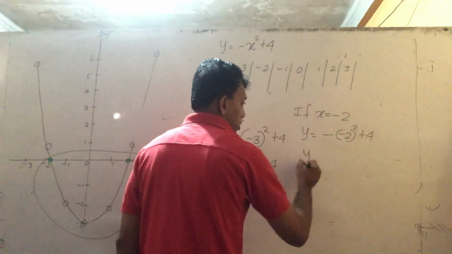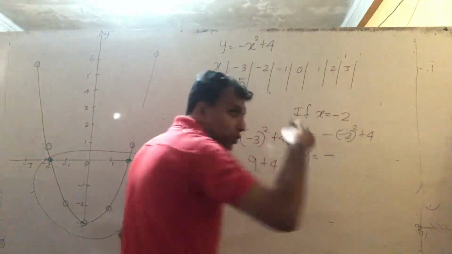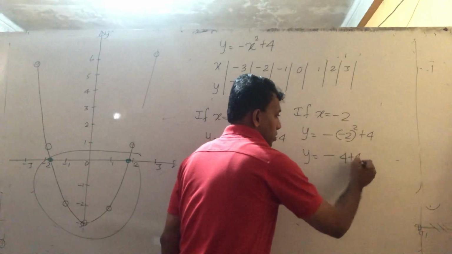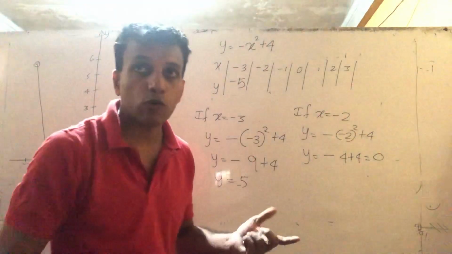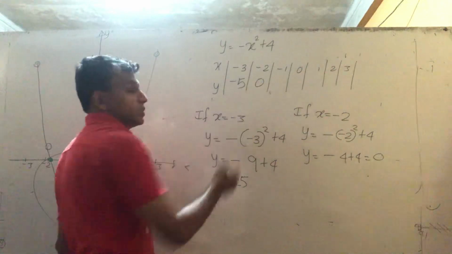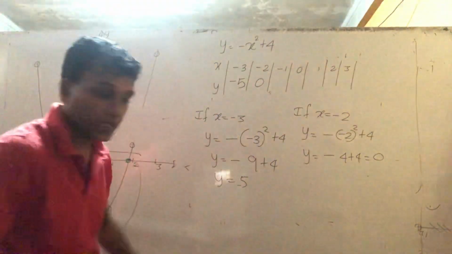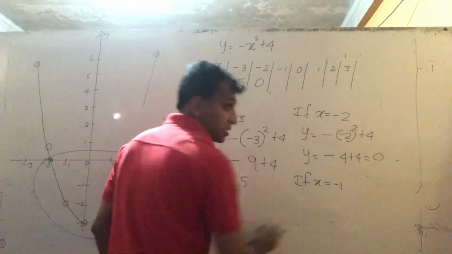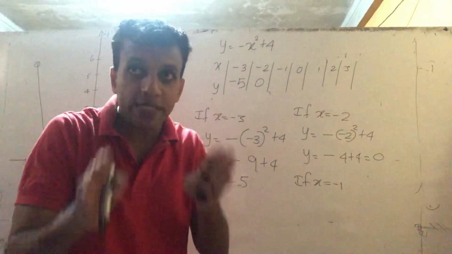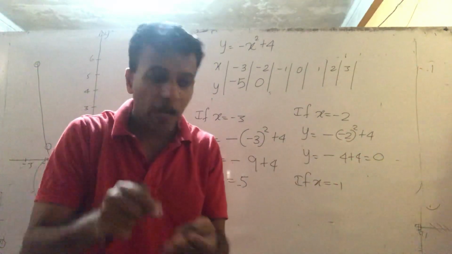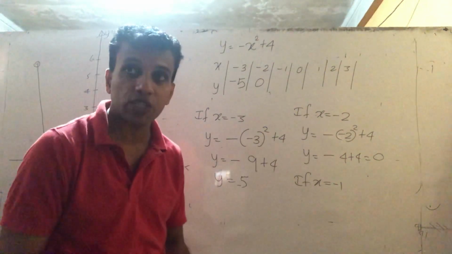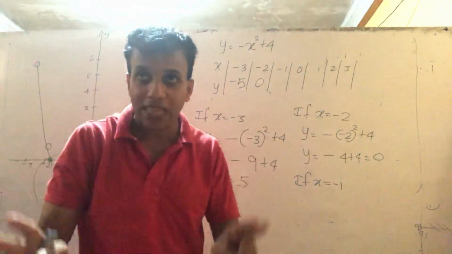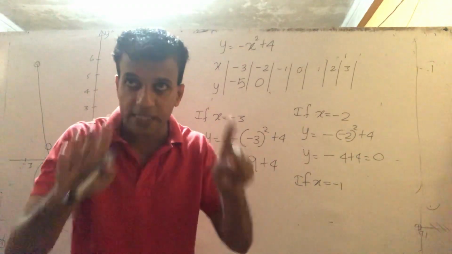So y equal minus 2 square plus 4, that is -4 plus 4, 0. Put x for minus 1 and see. Is this the method? It's the way. Show everything yourself. Some students in the exam do the working on the bench, or on the palm or the wall. They write on the wall and put it. No marks. Whatever it is in mathematics, everything must be answered on the answer script.